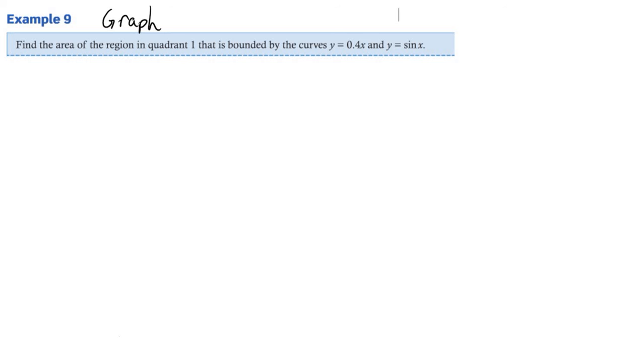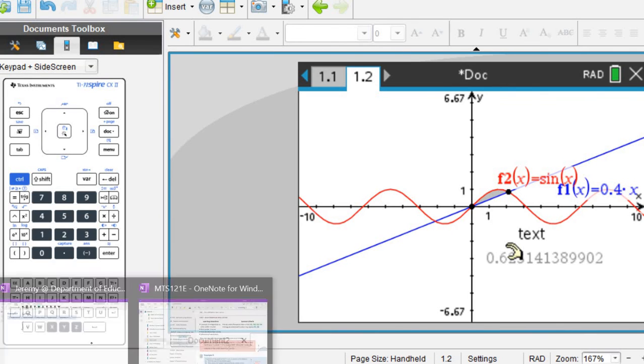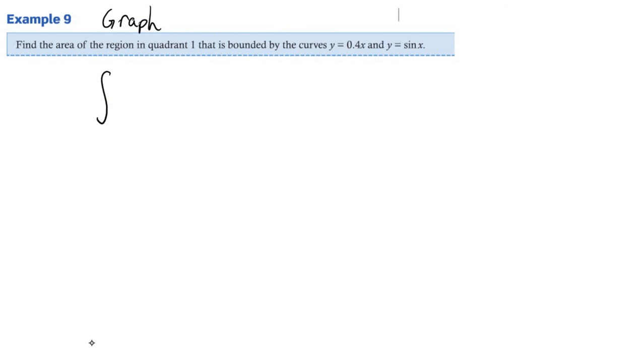In terms of the integral that you would write, well, let's think about it. Once we saw the graph, we noticed, or hopefully you noticed, that sine of x was the top curve. So we're going to go sine of x minus 0.4x. Between, well, 0 is the first one.